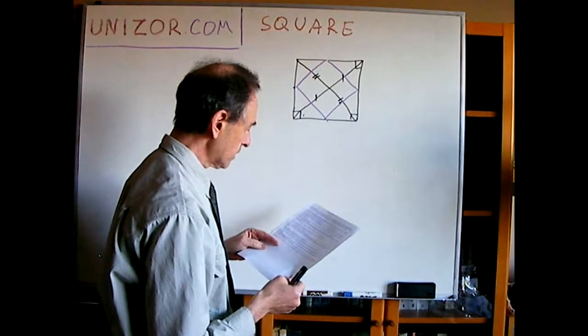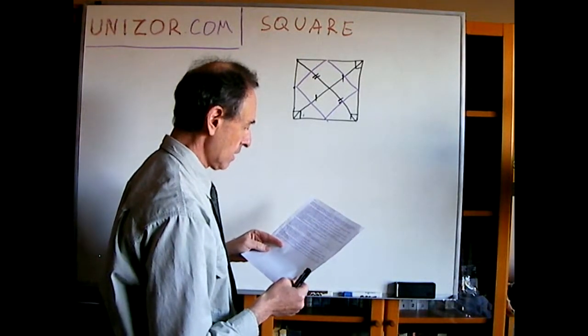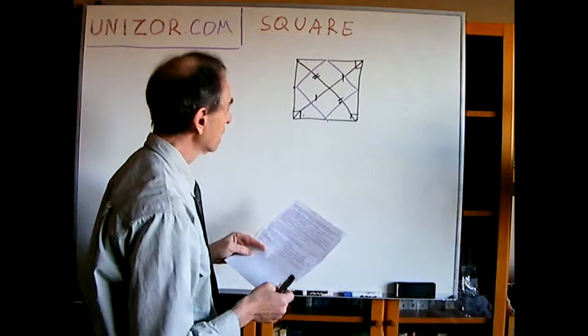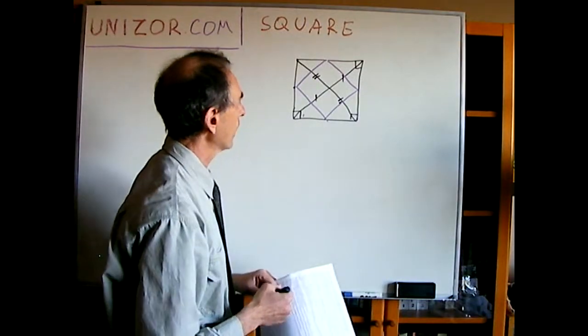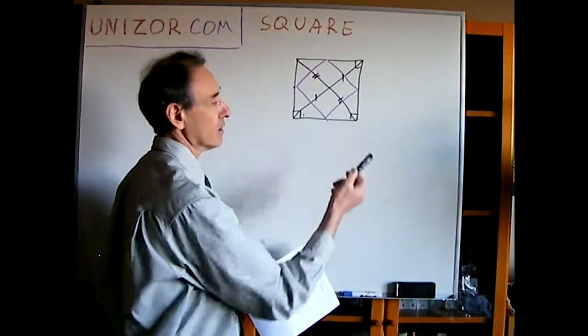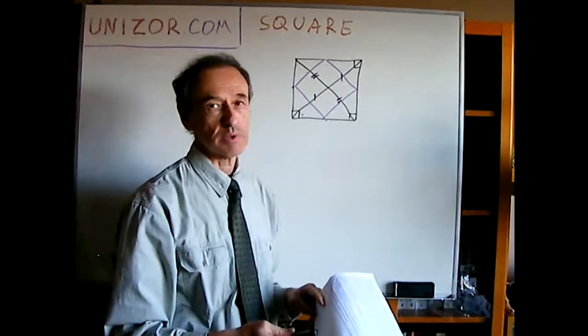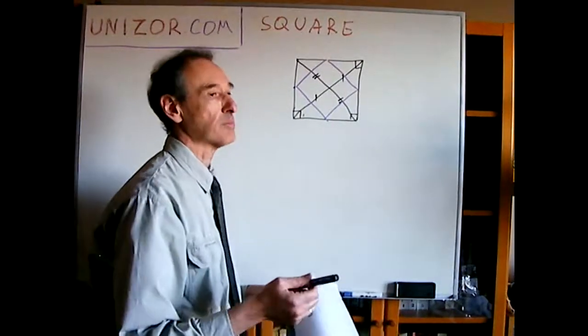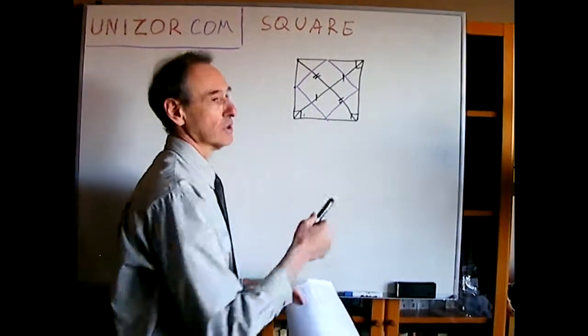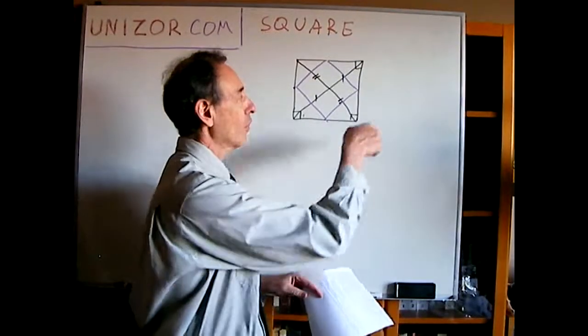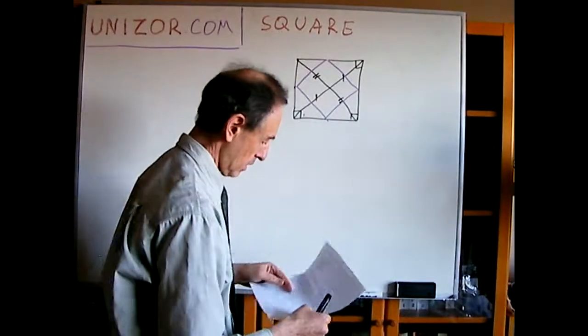If at least one interior angle is a right angle, then all of them are right angles. Again, it was very simple to prove, because in any parallelogram, if one particular angle is a right angle, then all others also are right angles.